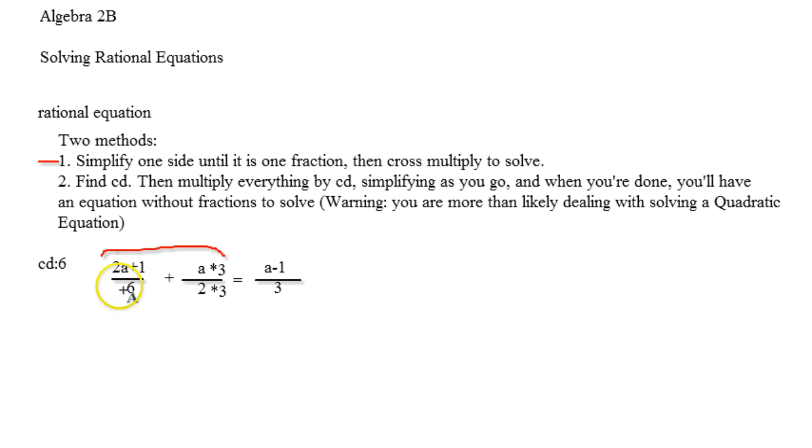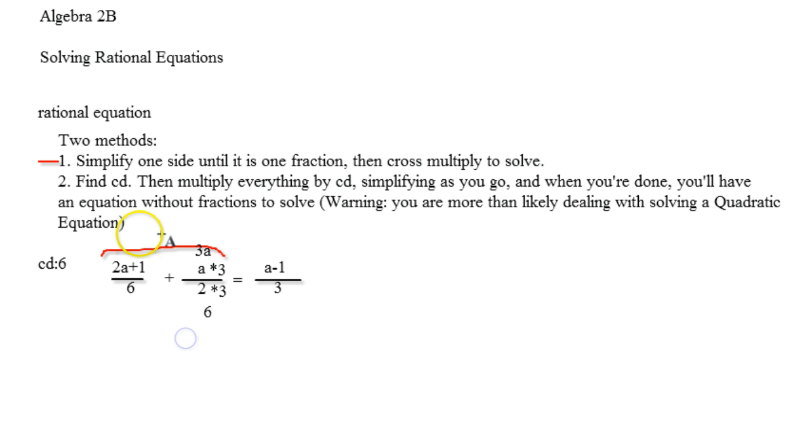Technically you can multiply this by 6 over 6 and this by 2 over 2 to get 12 as your common denominator, but this is easy, so I'm just going to go with the least common denominator. So what I'm dealing with is 3a over 6.